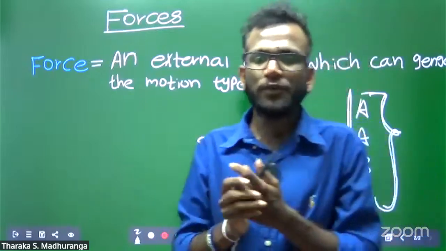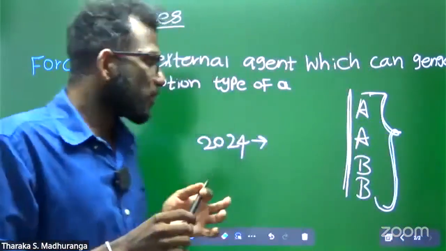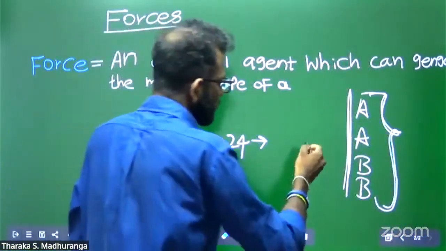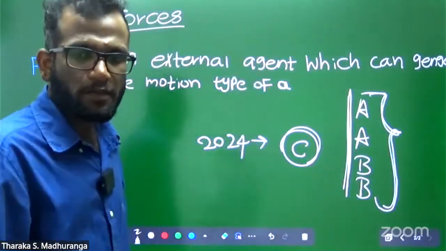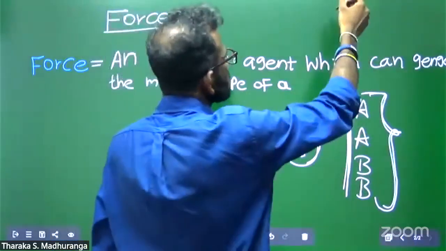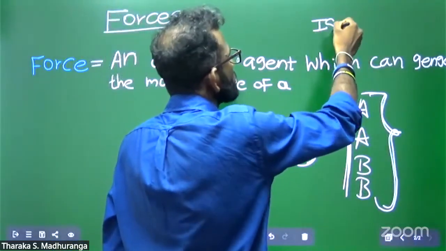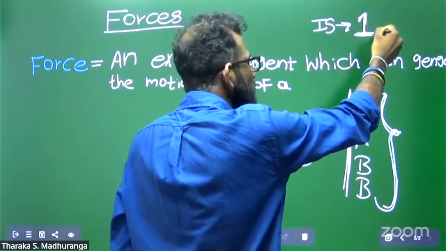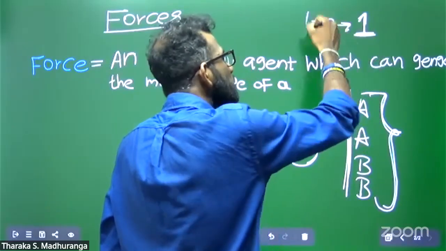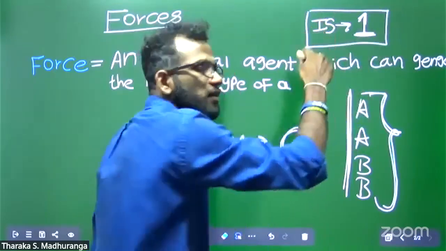Otherwise, if you work only to get a C, your brain is prepared for that target. If you want to target island first, no issue. Island first also in your exam is possible.